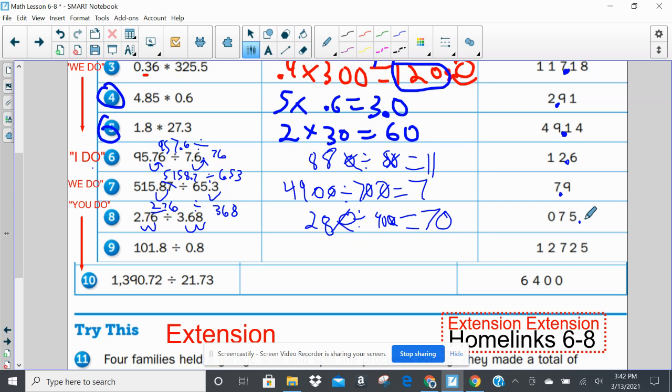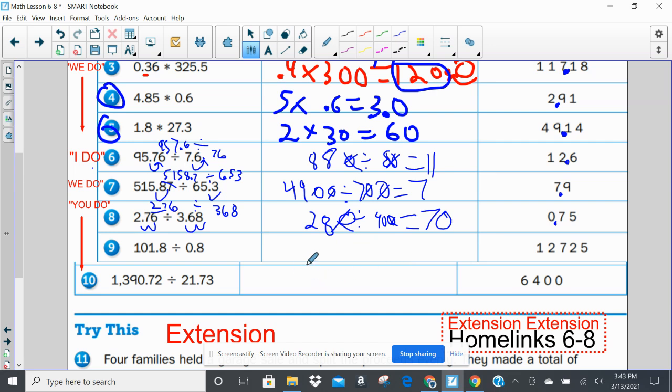Let's double check that on my calculator. That doesn't sound right, but I'm going to take a look. 2.76 divided by 3.68. Ah, we should have gotten 0.75. So we made a mistake there. Make that change, 0.75.